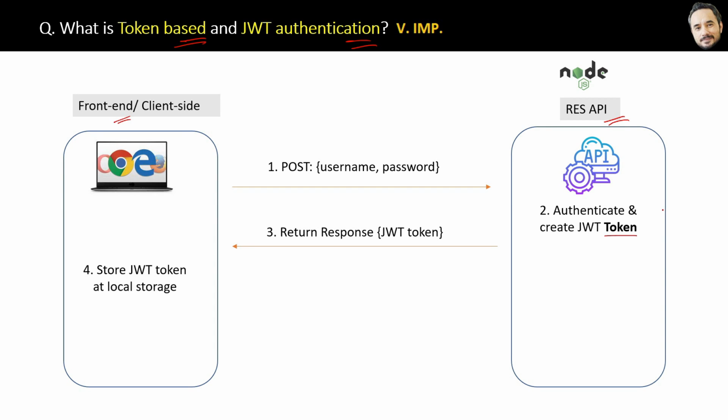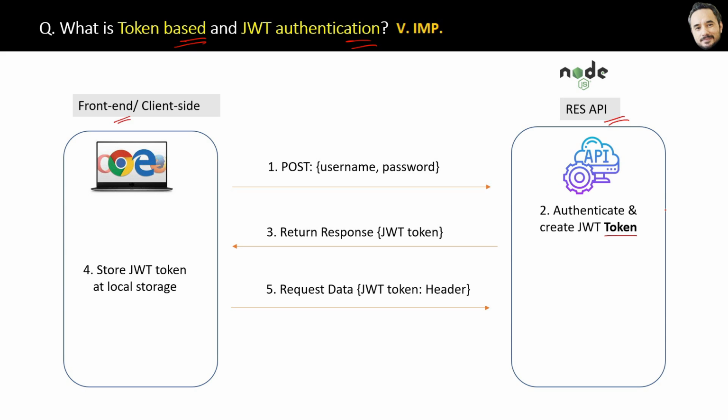When the JWT token is stored, then for every future or subsequent request for data from the client, this token will be sent in the header of every request to the REST API from the client. Okay, got my point? The token will go every time. Username and password will not go then.